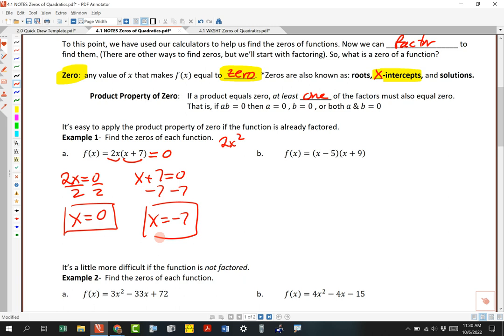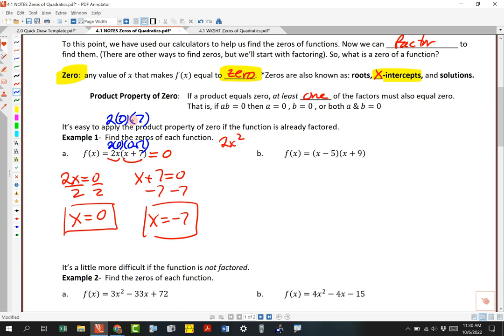Now, why does this actually work? Watch. I'm going to change colors on this, and I'm going to say, look, what we're saying is when you plug in a 0, you get a 0 out. So 2 times 0 times 0 plus 7. This is 2 times 0 times 7. It's all a multiplication problem. It's a product, and there's a 0 in there.